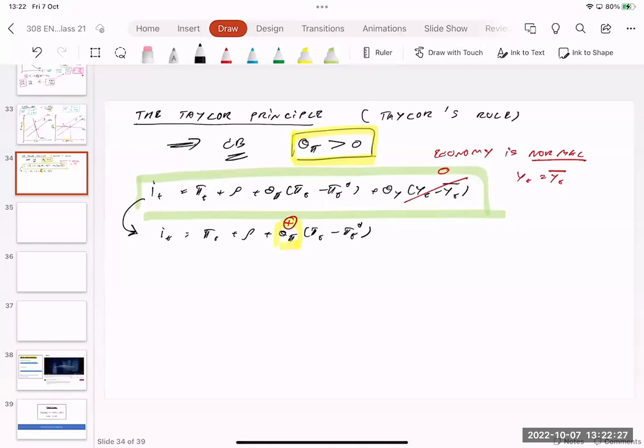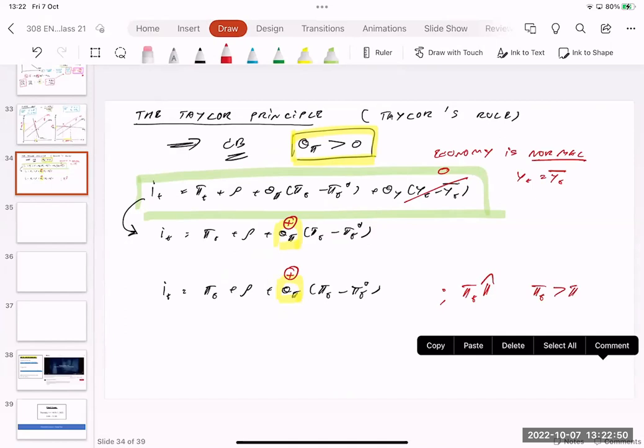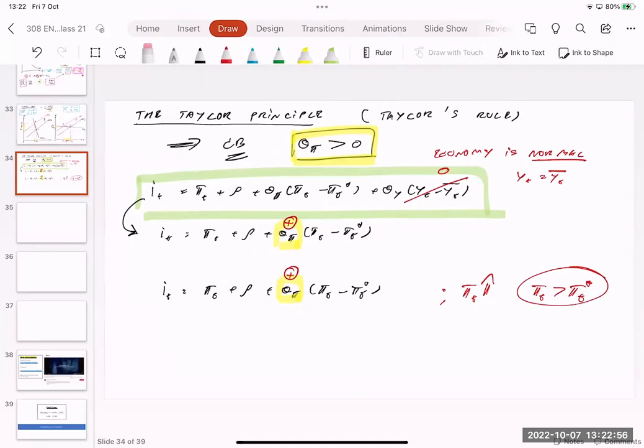What is the meaning of that? Let me write down this equation again: i_t equals pi_t plus rho plus theta_pi (pi_t minus pi_t star). As you can see here, theta_pi needs to always be greater than 0, or positive. It means that when you have an inflation problem, when inflation goes up above the inflation target, this bracket is also positive.